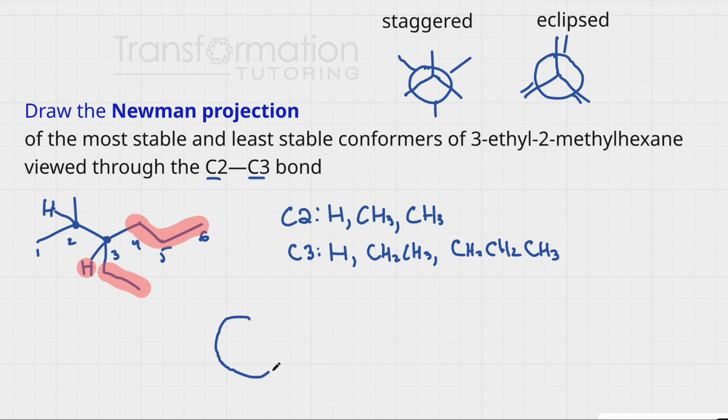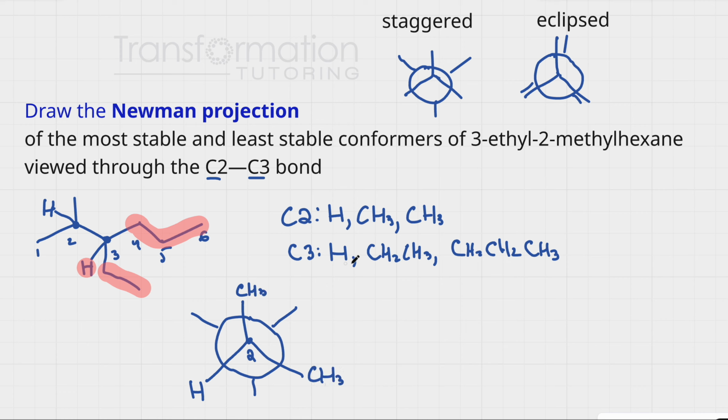Let's start with our most stable conformation. So we will draw our staggered conformation. The carbon in the front is carbon 2. I can put a little 2 here to signify that's the carbon. And it is attached to a hydrogen, a methyl, and another methyl.